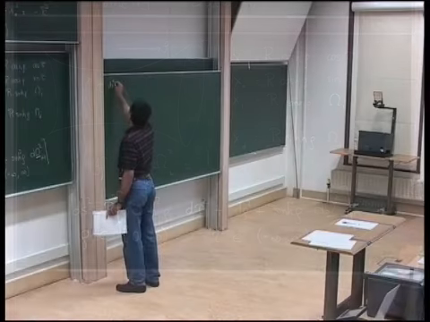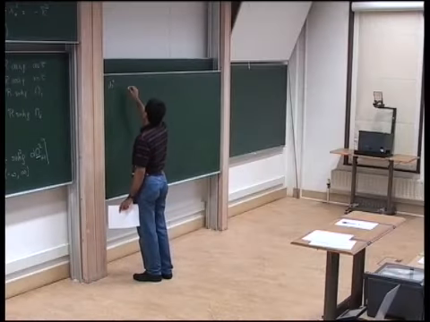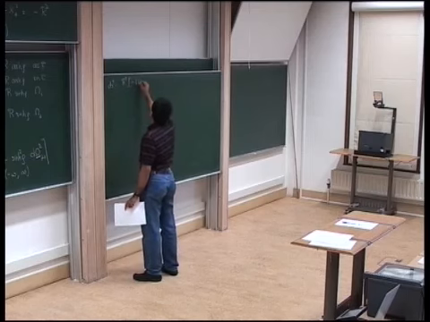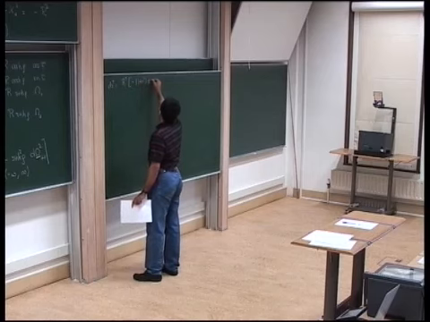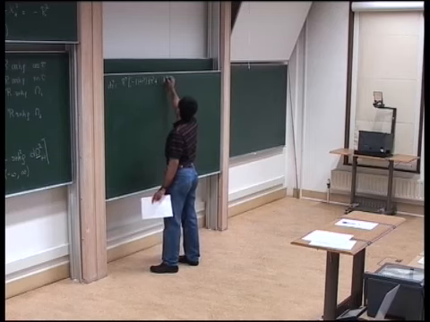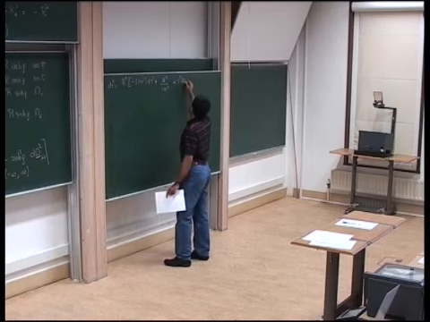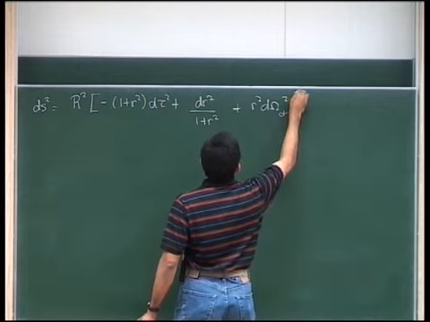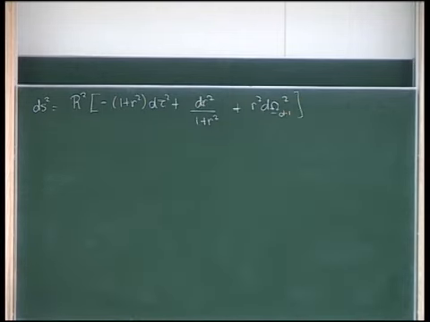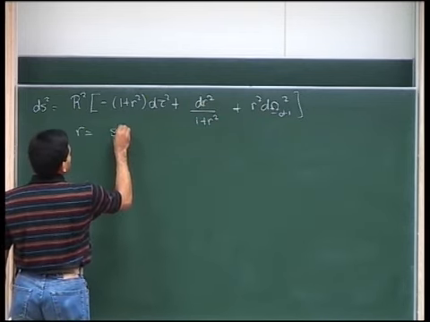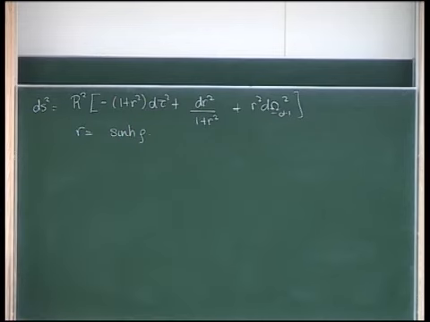You'll also see another coordinate chart that's usually used to refer to the global AdS geometry, where R, of course, is nothing but sinh of rho.